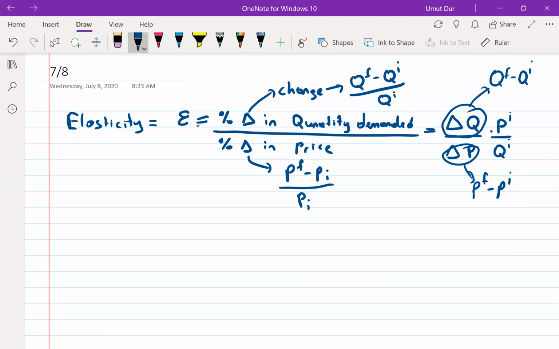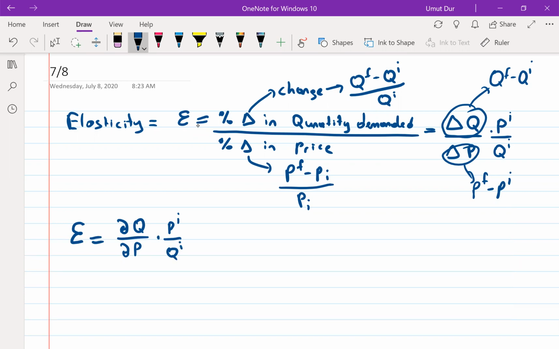We can describe this formula by using derivatives. The elasticity will be the derivative of the demand with respect to the price itself times the price initial divided by quantity initial.